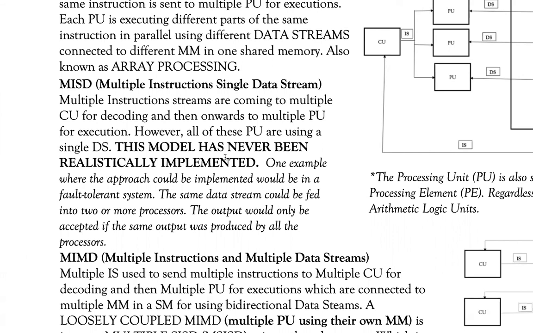They're not the same instruction; they're different instruction streams. Each instruction stream is carrying out a separate instruction, operating on the same data. Different instruction streams from different processing units, different control units, operating on the same data.